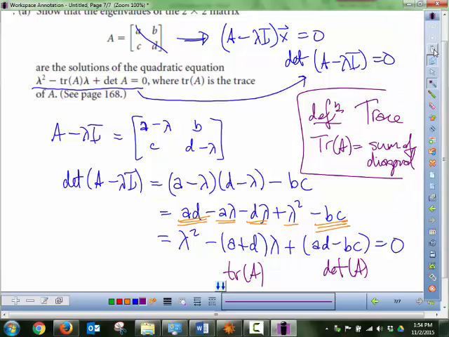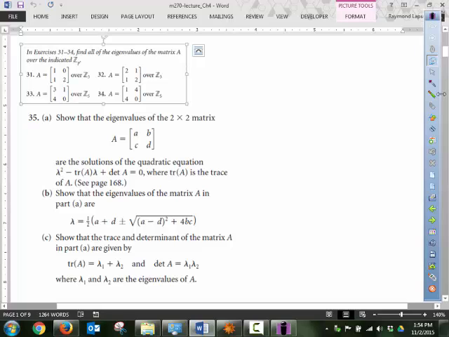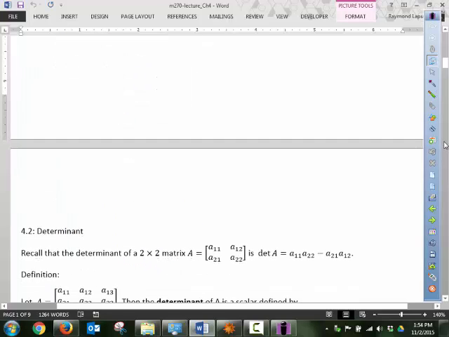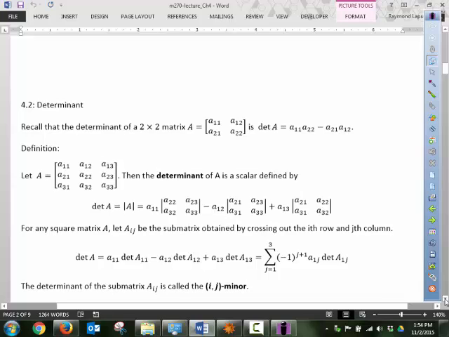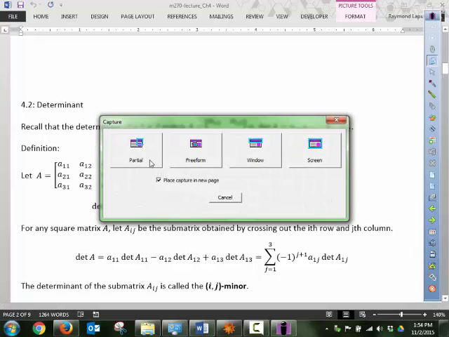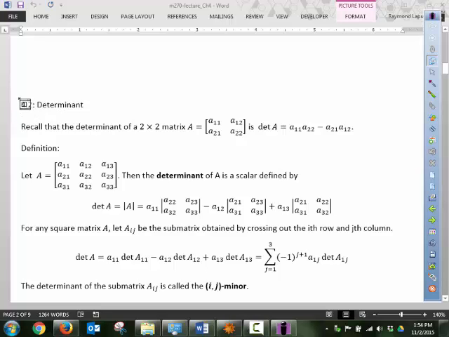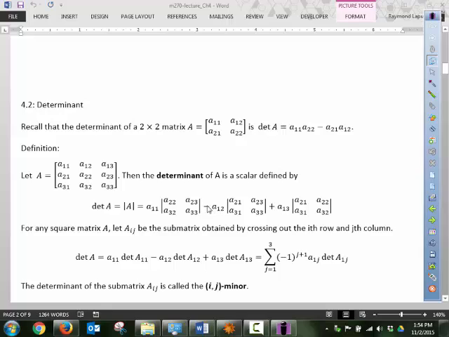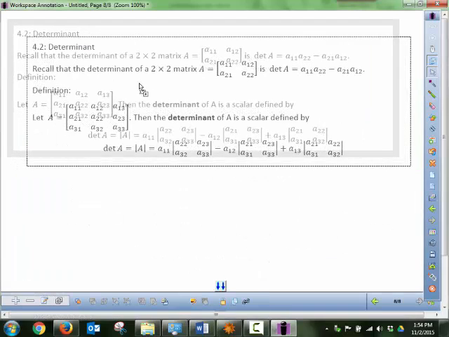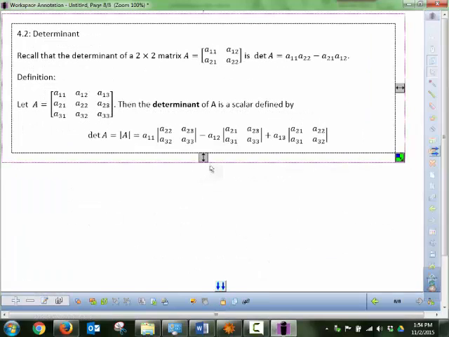So let's sneak in this idea of finding the determinant of a 3 by 3 matrix. So they call this expanding on a row.